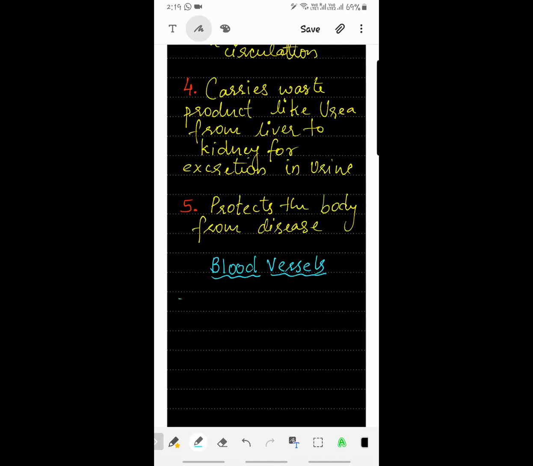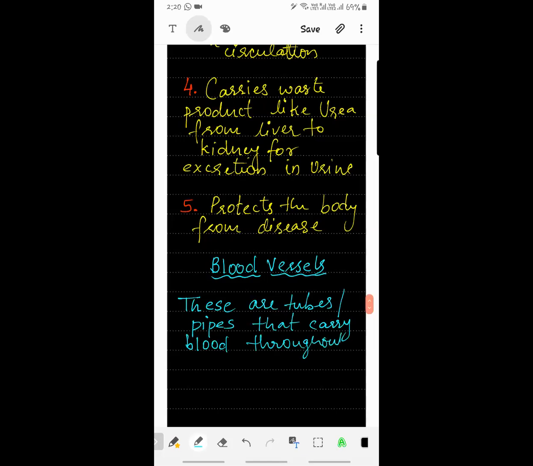So we can say these are tubes or pipes that carry blood throughout the body.